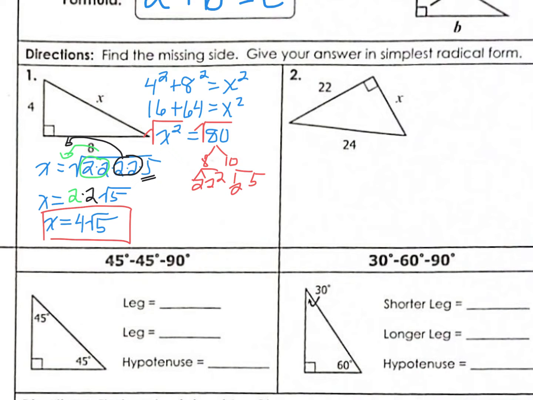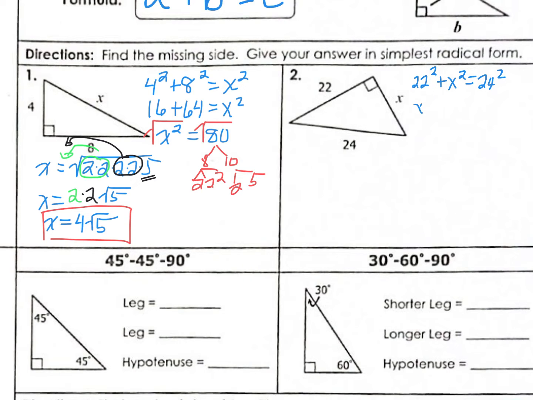All right, the second one is just a little bit more difficult only because you have one of the legs in the hypotenuse. So I'm going to take my legs and square them. 22 squared plus the x squared equals 24 squared. And 22 squared is 484.